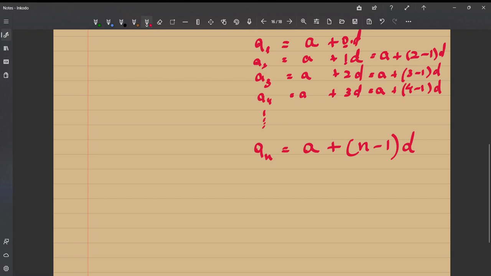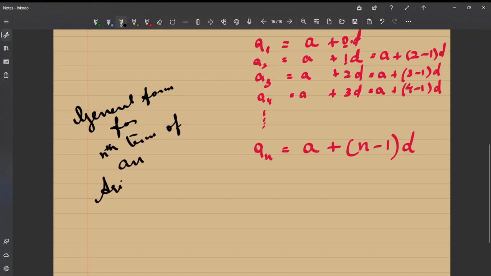Yes, isn't it? So we have arrived at a general form for the nth term of an arithmetic progression. What is that general form? This one: an is equal to a plus n minus 1 d.